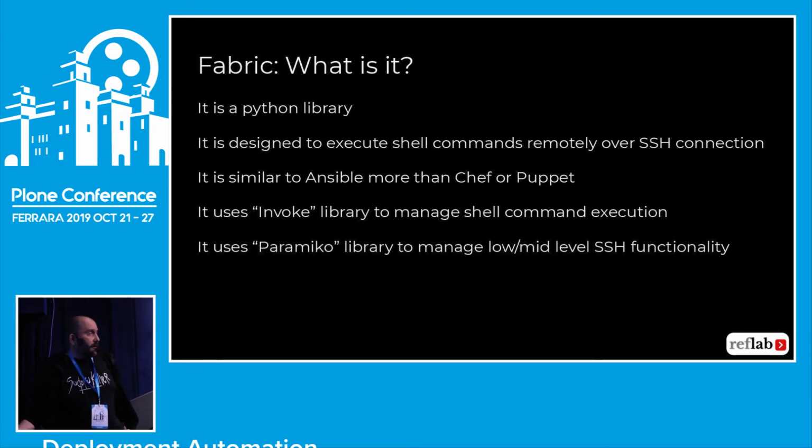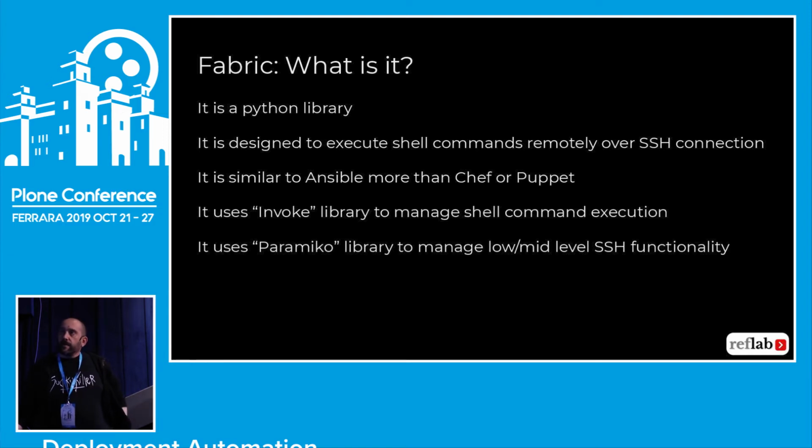So, after we have a virtual machine working, we like to install the system with the needed packages. So, I use Fabric. Fabric is a Python library that makes an SSH connection to the machine, virtual or real.